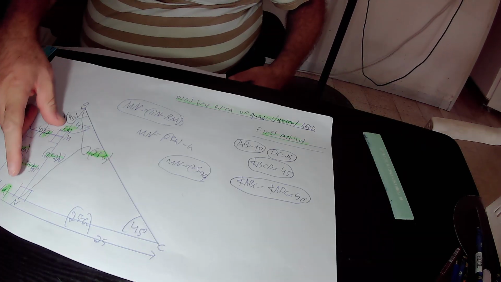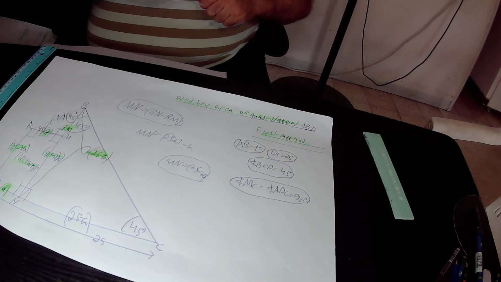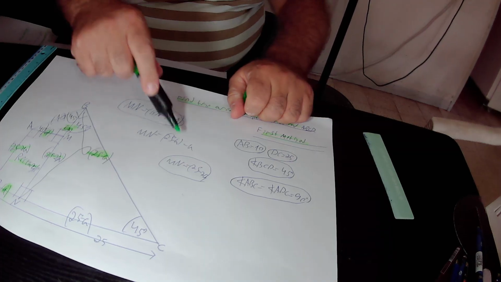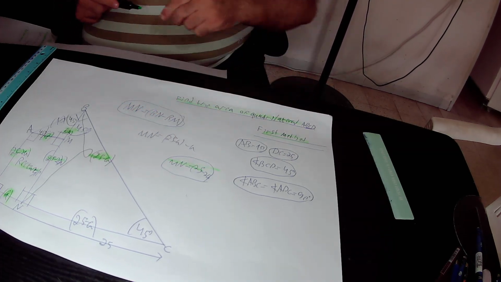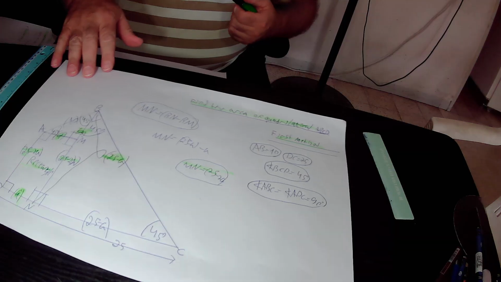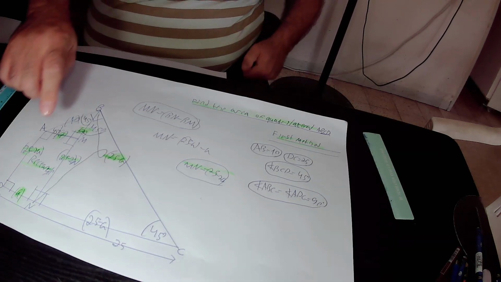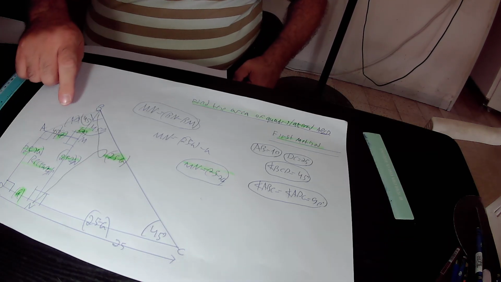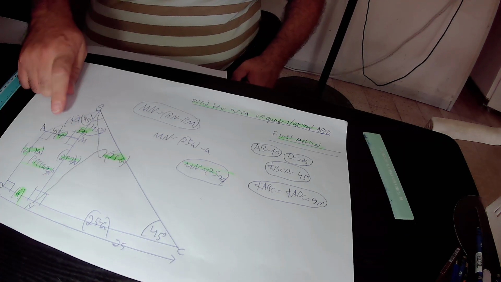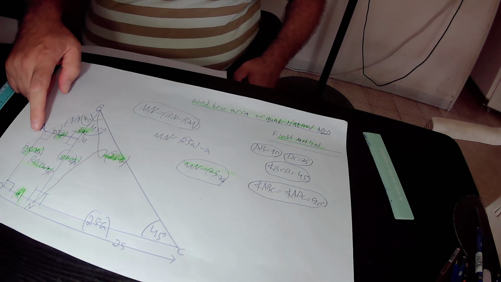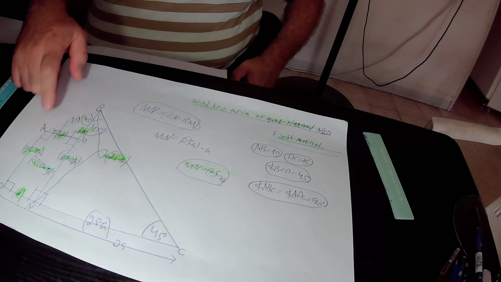So this side MN equals 25 minus 2a units in its length. But we know that the opposite sides of a rectangle are equal to each other. So in the rectangle AMND, side MN must be equal to the opposite side AD. But MN is 25 minus 2a, therefore AD must also be equal to 25 minus 2a units in its length.